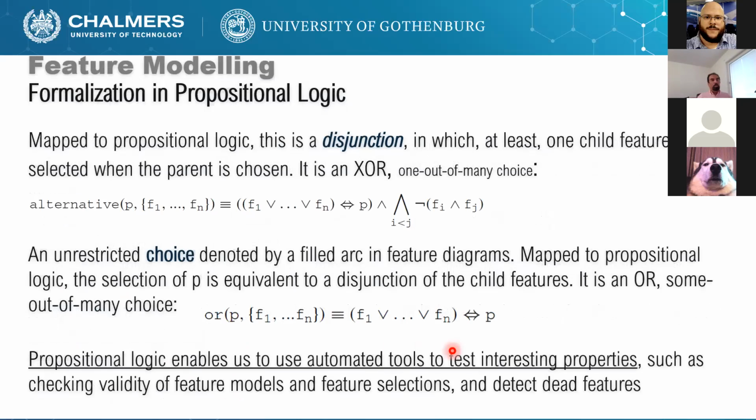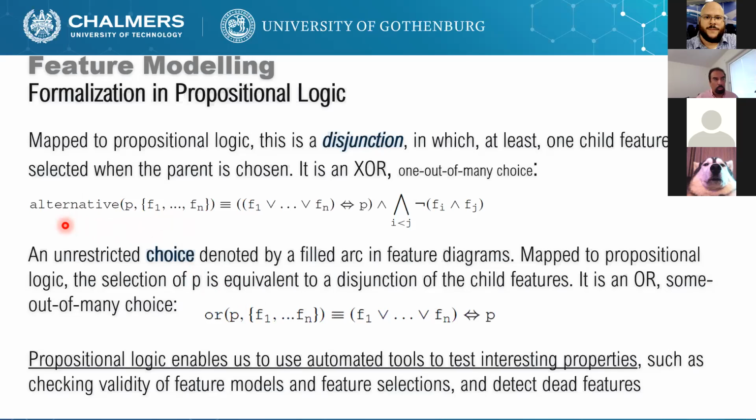Here we can also do the formalization for propositional logic for the disjunction, which is the XOR, the alternative. There are different names for this formula, but I advise you really to pay attention to these formulas, because all you need to know is this and this, and then life will be easy.